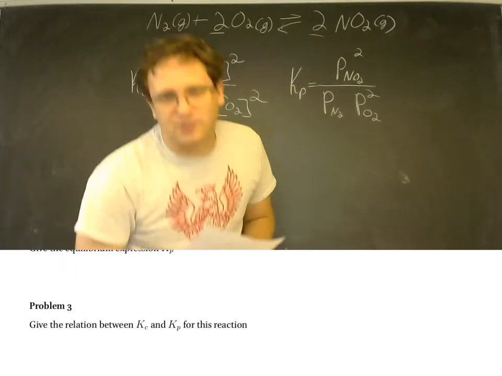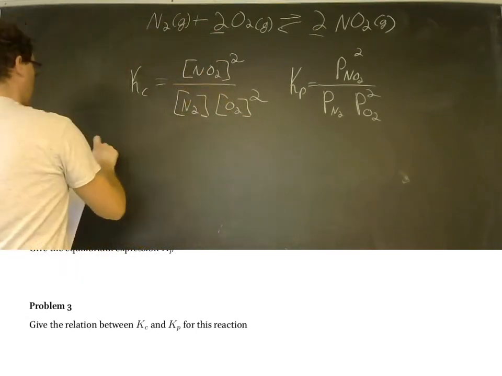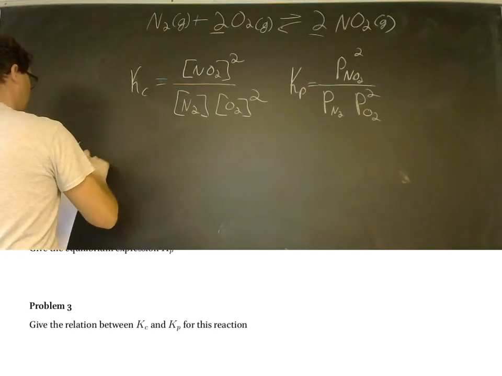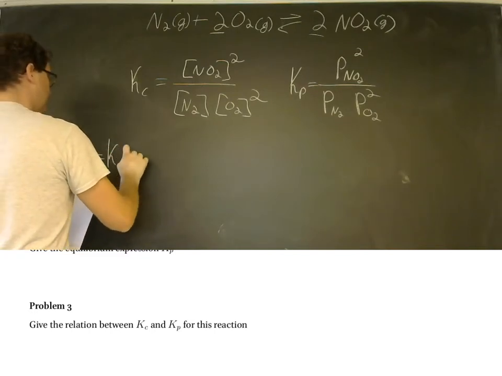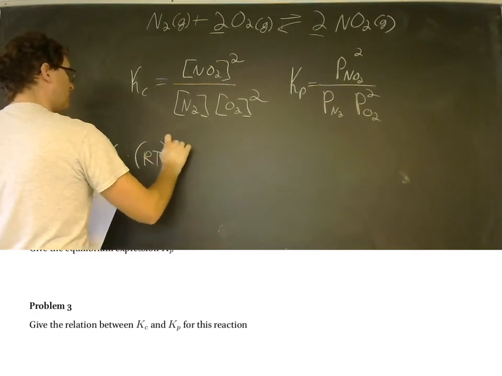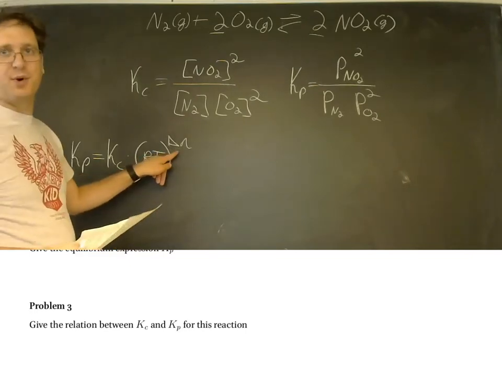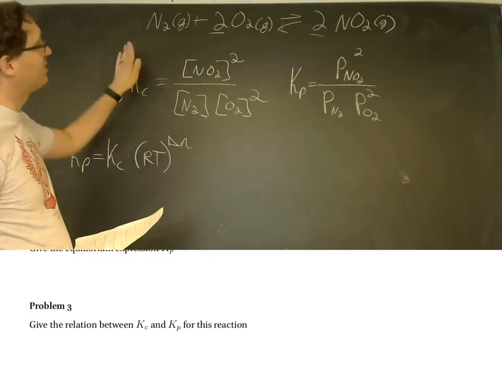Give the relationship between Kc and Kp. Well, we know that Kp is equal to Kc times RT raised to the power of delta n. That's the change in the number of moles of gas in the balanced chemical reaction.